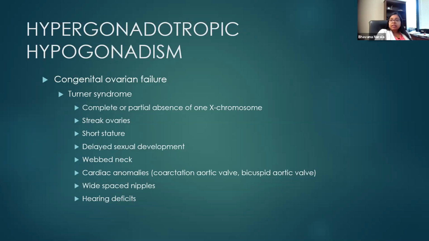So whenever you see a girl, 12, 13, with widely spaced nipples, short stature, history of maybe having some ear infections, but all you see is maybe just short stature, definitely think about Turner syndrome.